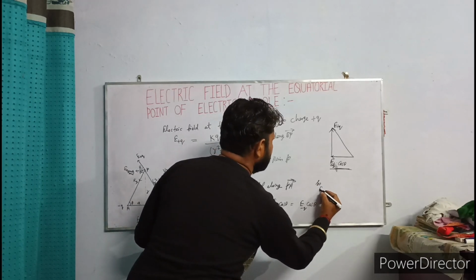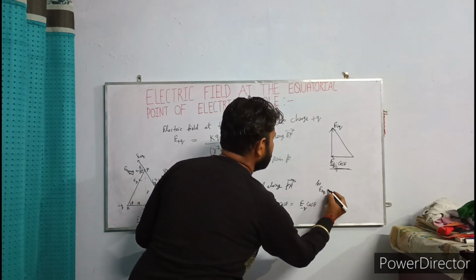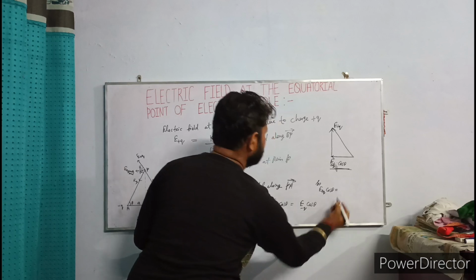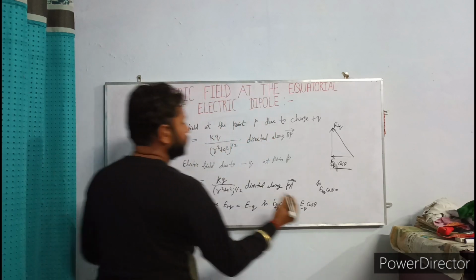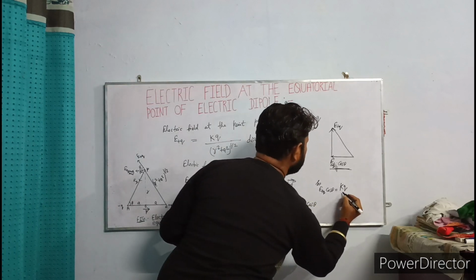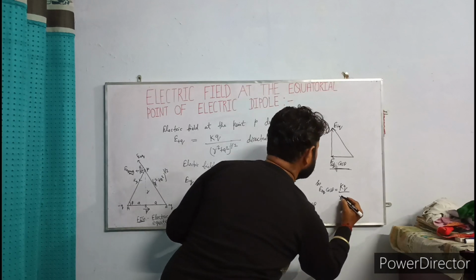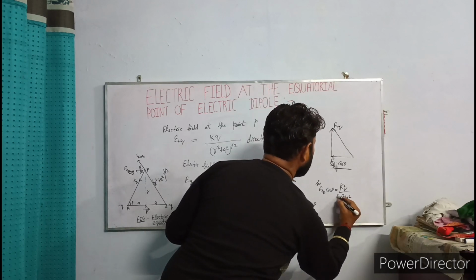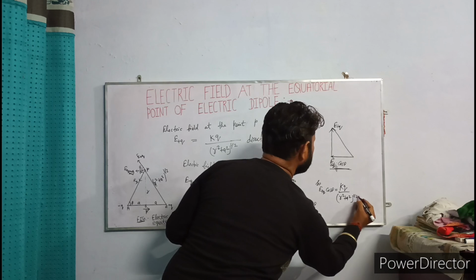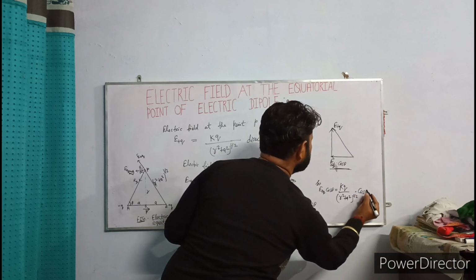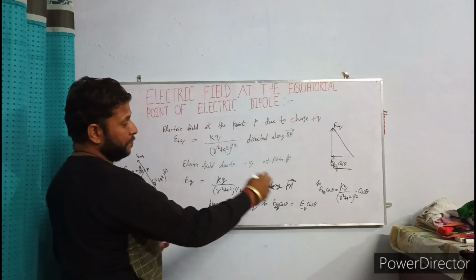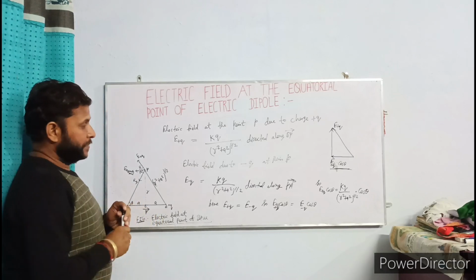So E plus Q cos theta equals what value? KQ upon (r square plus a square) power 1 by 2, multiplied by cos theta. Please note down, students.